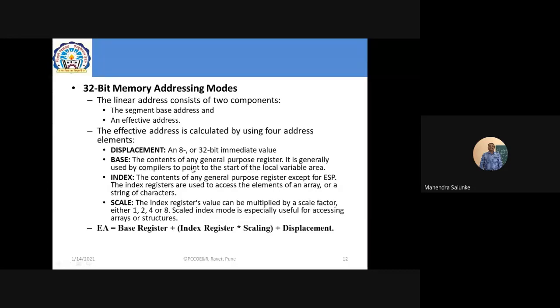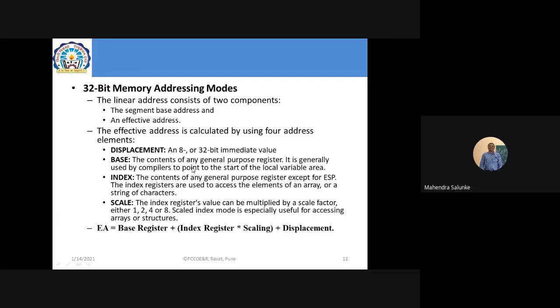Why? Because in the first addressing mode, I told you register to register, so registers are part of your processor, which are there inside it. Then in immediate addressing mode, the data is a part of your instruction, and the instruction is stored in the prefetch buffer, and later it is sent to the execution unit. So the data is available inside the microprocessor itself in the first two cases.